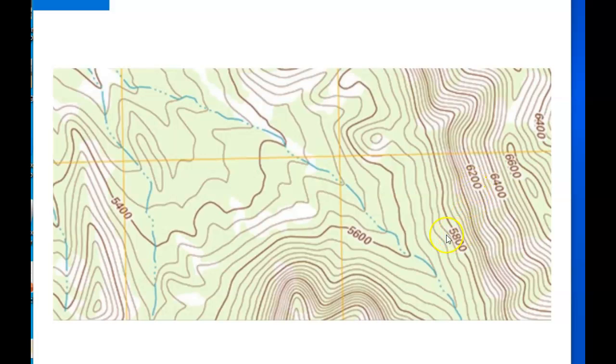Between this and this, there's 4, but it's consistent. So this one must be 2. So this is probably a 6,000 elevation line, a 58. So the index contours jump by 200 consistently.